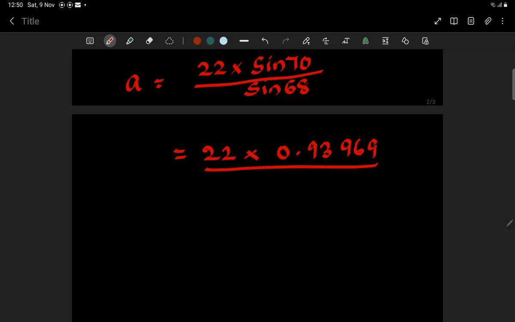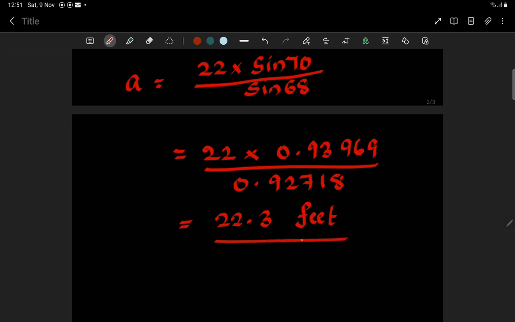Sine 68 is 0.92718. After that, use the calculator to find the total answer. a is approximately 22.3 feet. This is small a. That is how we calculate small a.